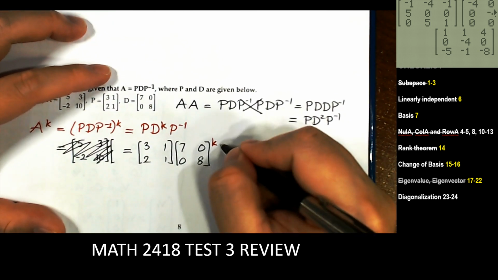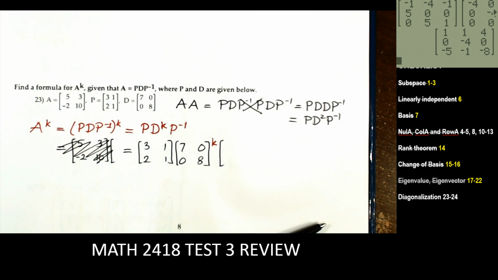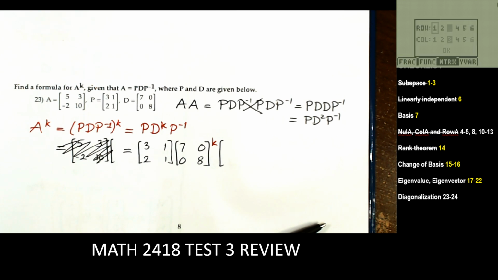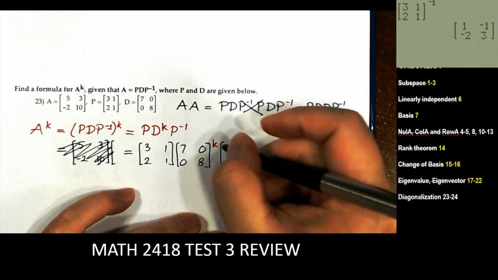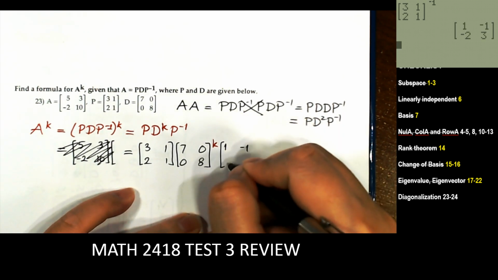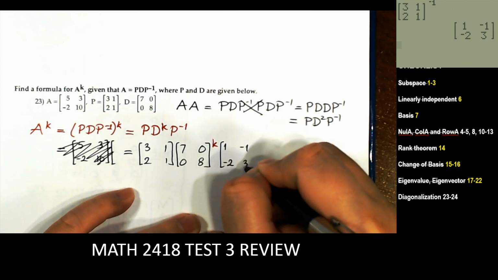And then the inverse. Let's do that quickly. What is the inverse of 3, 1, 2, 1? It's 2 by 2: 1, negative 1, negative 2, 3.